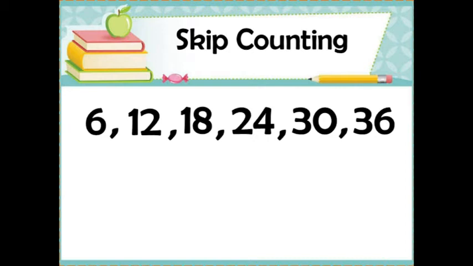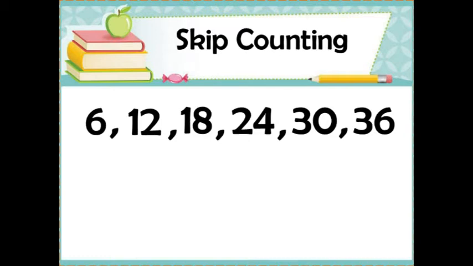So for us to have a multiplication sentence in this skip counting, first thing we have to do is identify what skip counting we have here. So we did skip counting by 6.